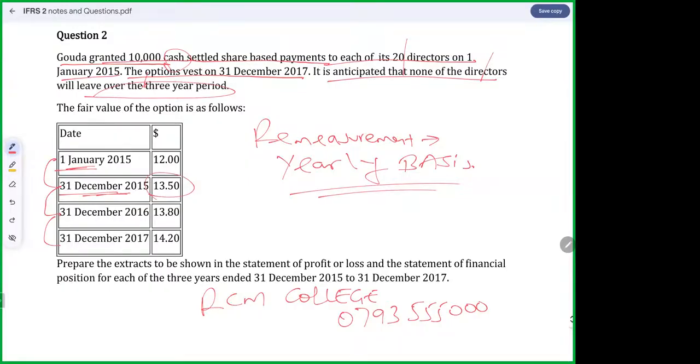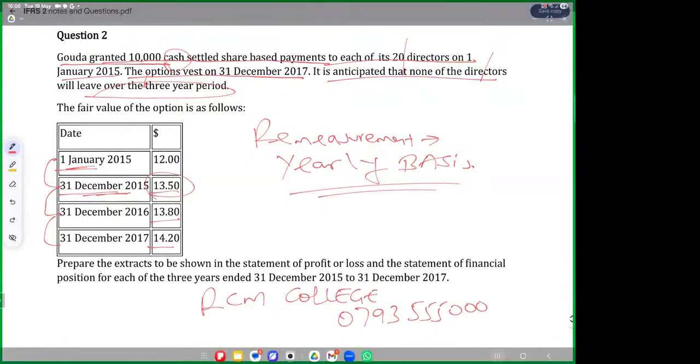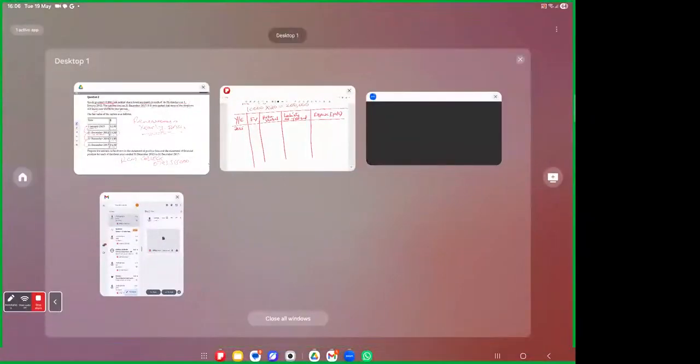Actually, for your information, the fair value at grant date is irrelevant because you're only looking at year end. So we have here 13.5, 13.8, and 14.2. So I hope I'll be able to remember this without making reference again.